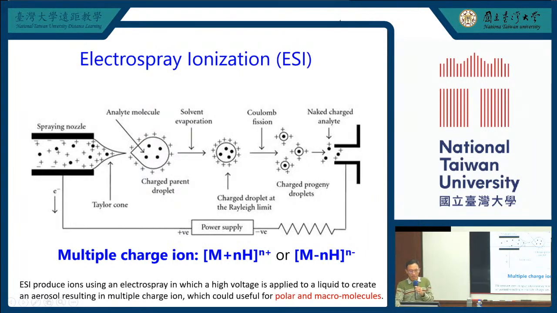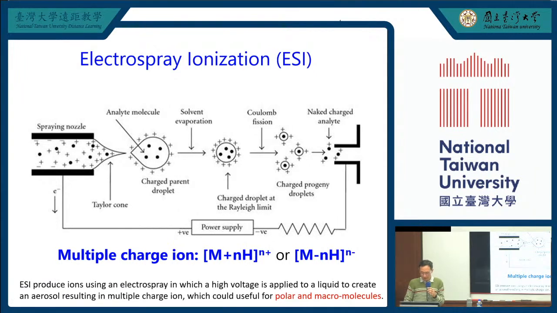For ESI, it produces ions by electrospray, with a high voltage applied to a liquid, creating an aerosol resulting in multiply charged ions, which can be used for polar or macromolecular compounds. Of course, we can apply a positive or negative charge for ionization. So for ESI, they can have a positive charge or negative charge. That's the ideal ionization for everyone. ESI and MALDI won the Nobel Prize in 2002.